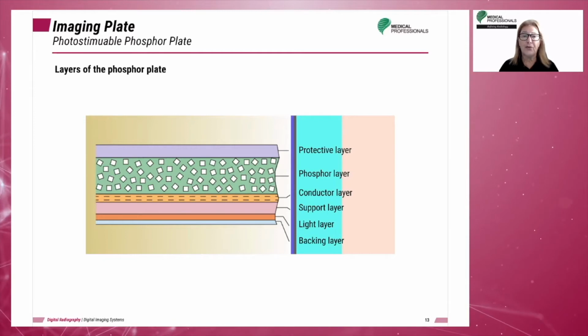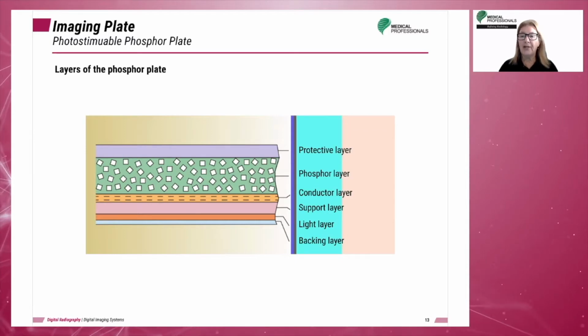The phosphor, or active layer, contains the storage phosphors. The conductor layer reduces and conducts static electricity away from the plate and absorbs light to increase spatial resolution.